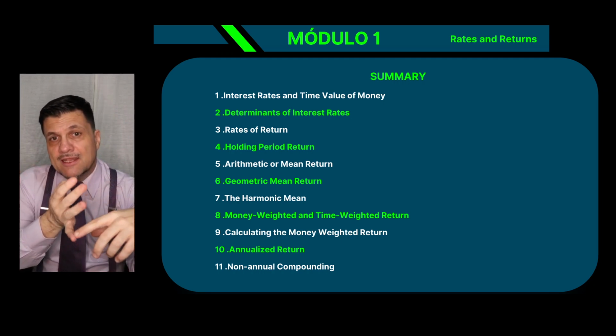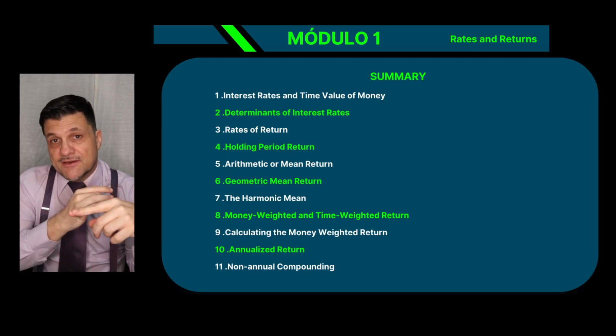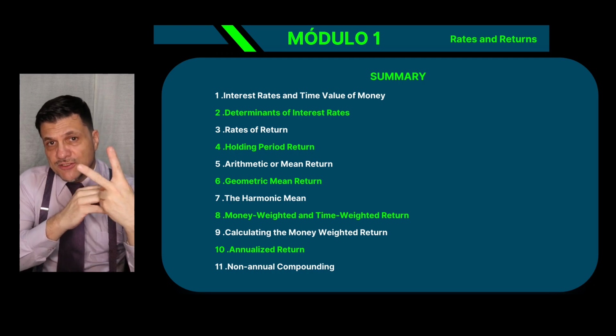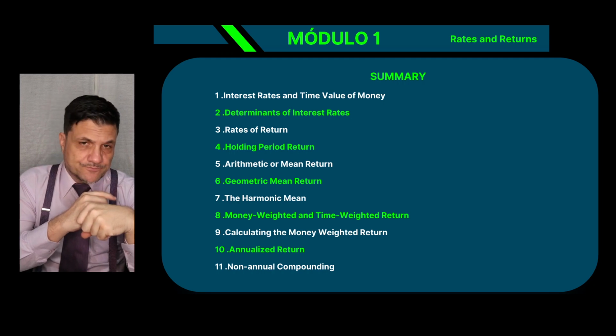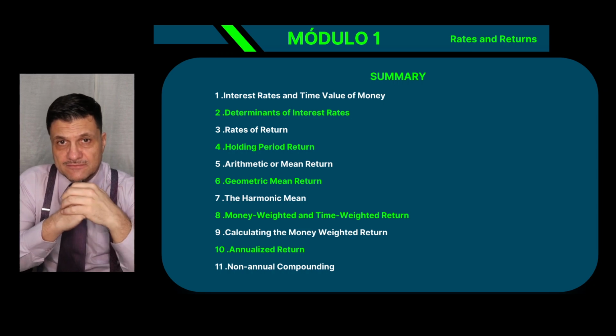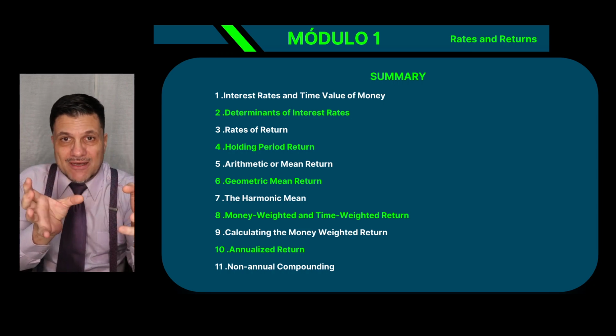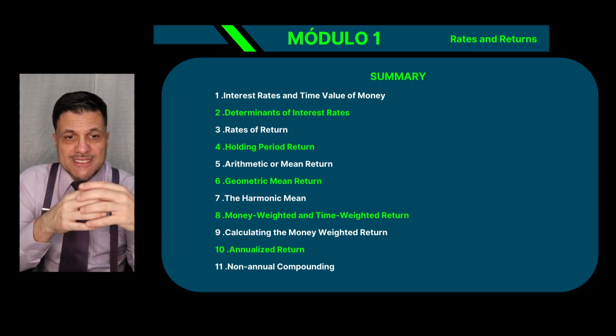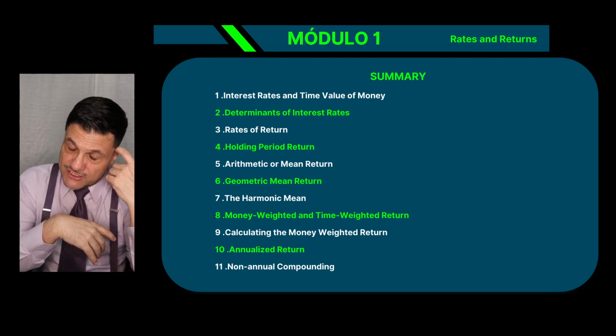Look, if it's twice a year, a semester, I divide the rate by 2. It's compounded twice a year. If it's every quarter, then I divide the rate by 4 because I have 4 quarters during the year. If it's daily compounding, I divide by 365 because I have 365 days, by convention, in a year.